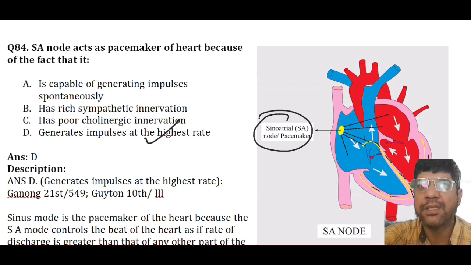Remember, the SA node generates electrical impulses at the fastest rate among all the components of the heart's electrical conducting system. The SA node is the natural pacemaker of the heart because it is capable of generating impulses spontaneously, and it does so at the highest rate, setting the pace for the heart rhythm.